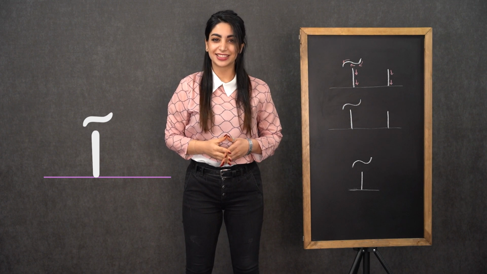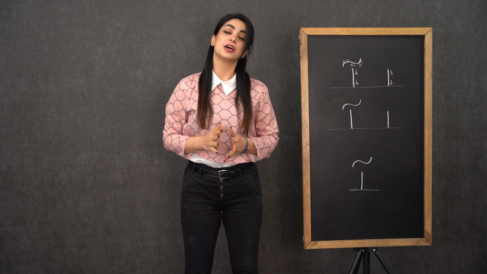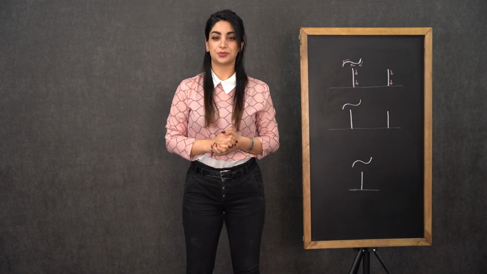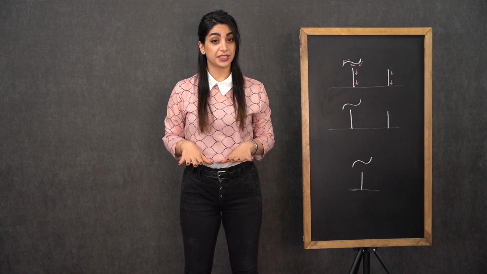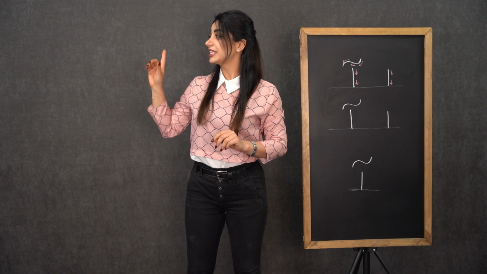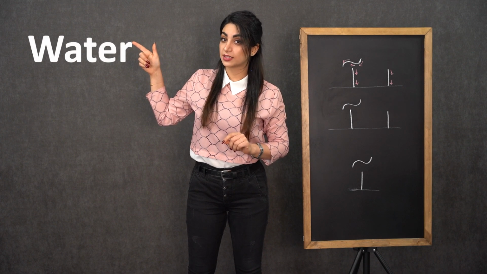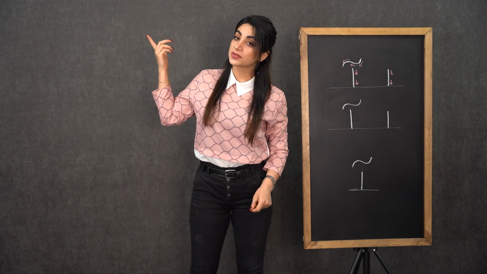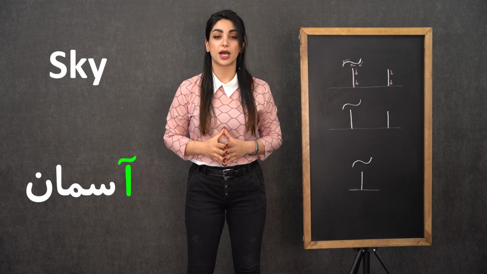Wasn't that easy? Now, do you know what practice we have for the next session? In order to completely understand this session, until next time, instead of saying water, you say ab. And instead of saying sky, you say aseman.